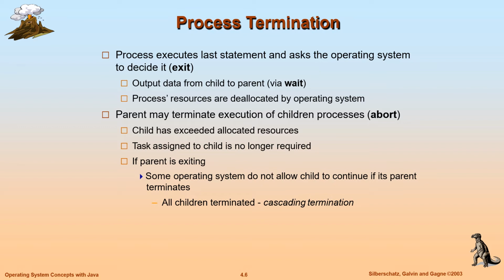We have seen in a previous example a process execution and termination. Consider Unix: we can terminate a process by using the exit system call. Its parent process may wait for the termination of a child process by using the wait system call.